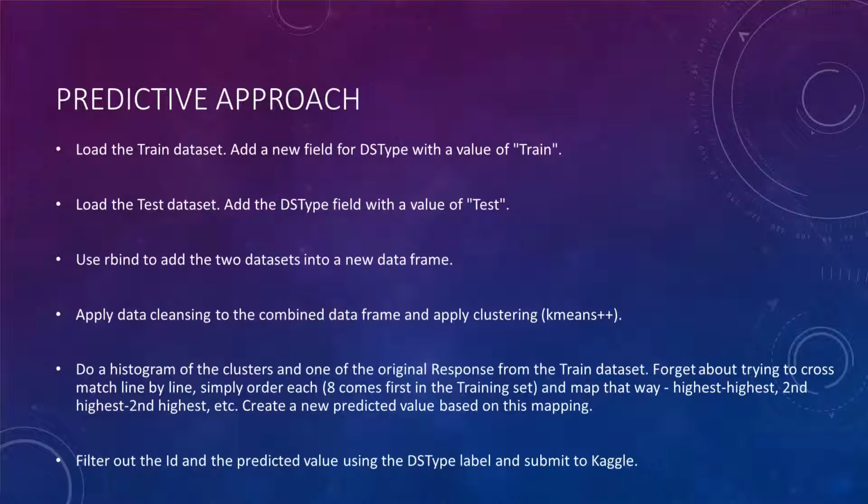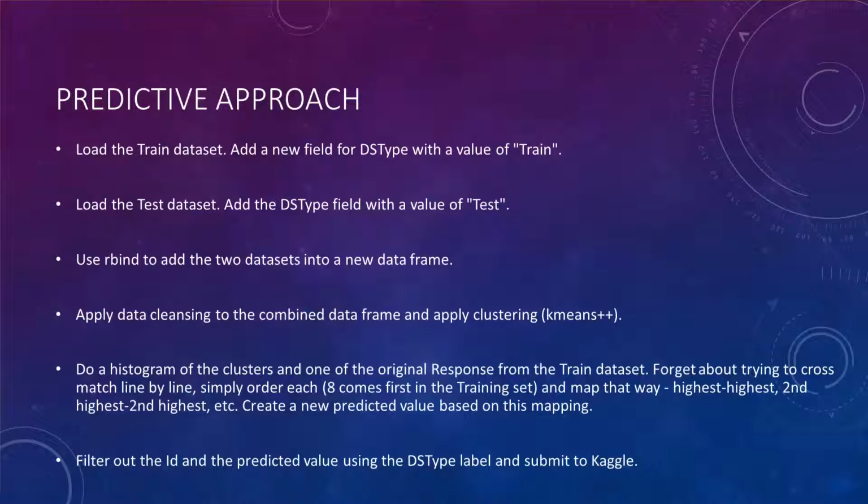So what we thought we'd do is, we load the train data set and tag it as train, and then load the test data set and tag it as test, and then bind those two together so we have some way of filtering them later, and then apply all our data cleansing that we've looked at already to the total data set, and do that clustering. In this case we're using k-means plus plus to do the clustering.